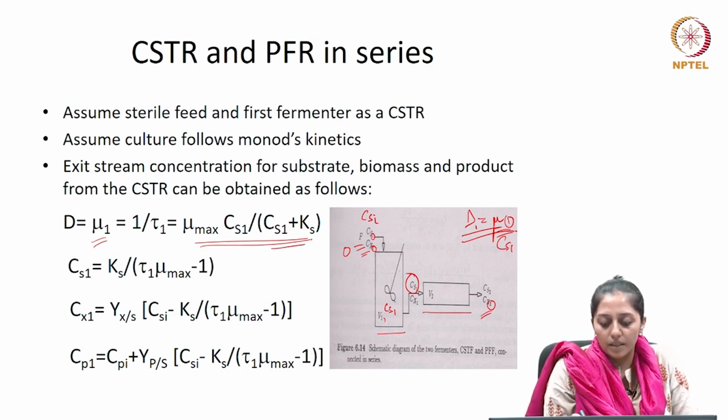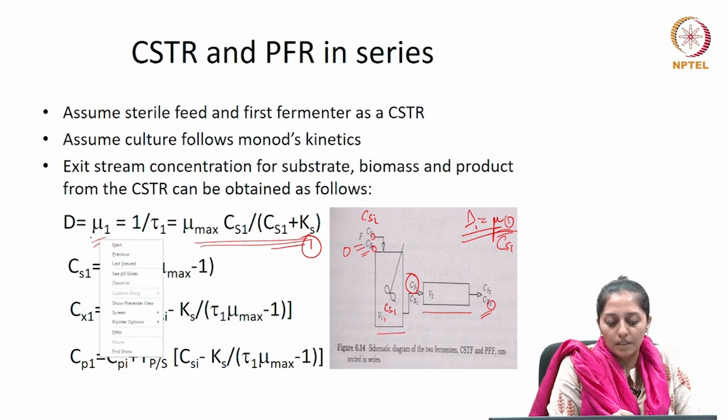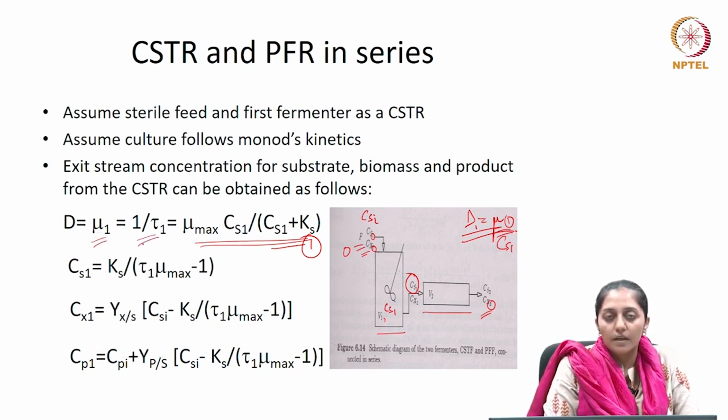If you see this equation 1, it is in terms of the dilution rate, the specific growth rate of the culture in the first reactor, which is again an inverse of the residence time of the first reactor, represented as tau 1, and it has been further expanded.